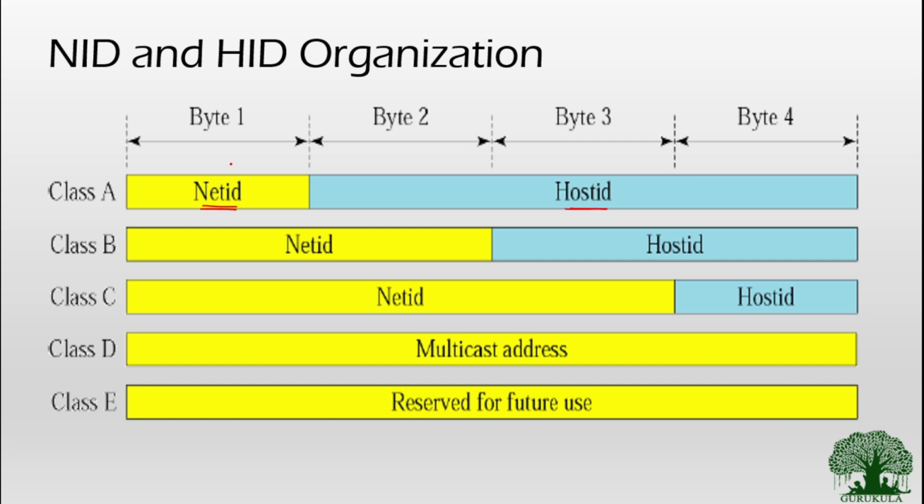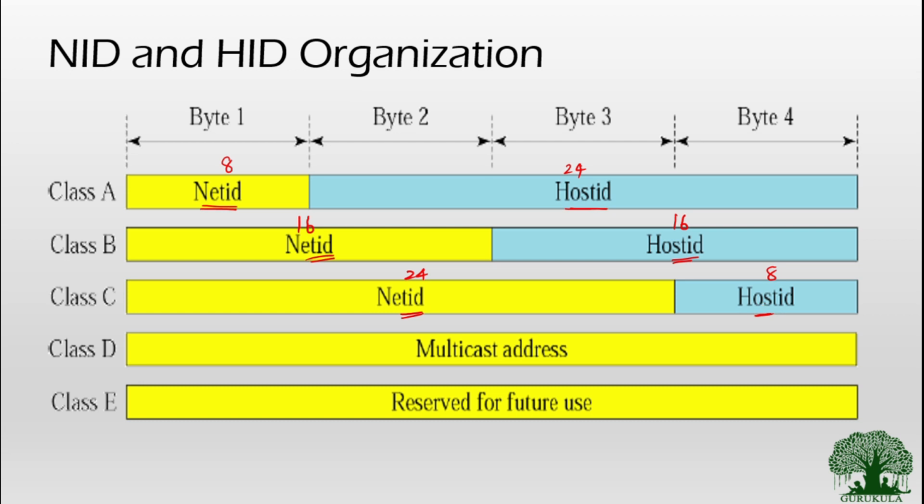So I will have only 8 bits for the net ID and the remaining 24 bits allocated for the host ID. For class B, I will have 16 bits allocated for net ID and an equal 16 bits for host ID. For class C, there are 24 bits allocated for network and only 8 for host ID. So this makes the difference.